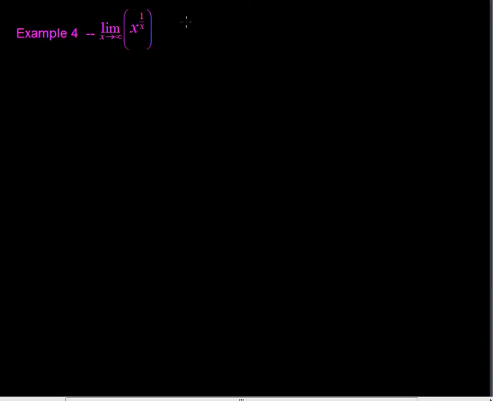Example 4, we have the limit as x approaches infinity of x raised to the 1 over x. And that's really different. We can check the form of it. That's actually equal to infinity raised to the 0, which is one of the indeterminate forms we talked about in the first video about L'Hopital's rule.